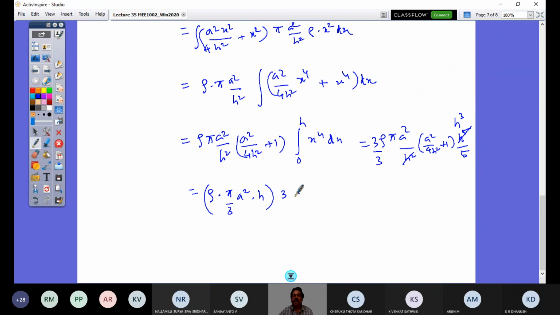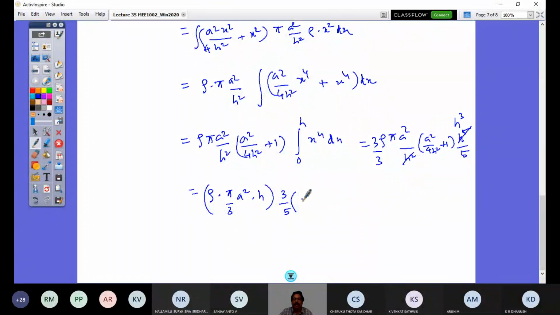So in that I take h here. So what is left is now 3 by 5, into h squared.